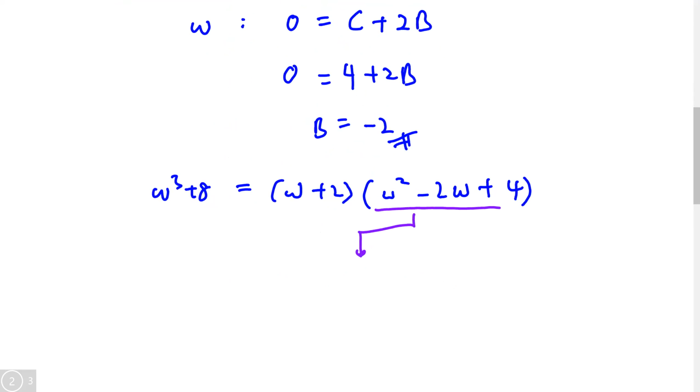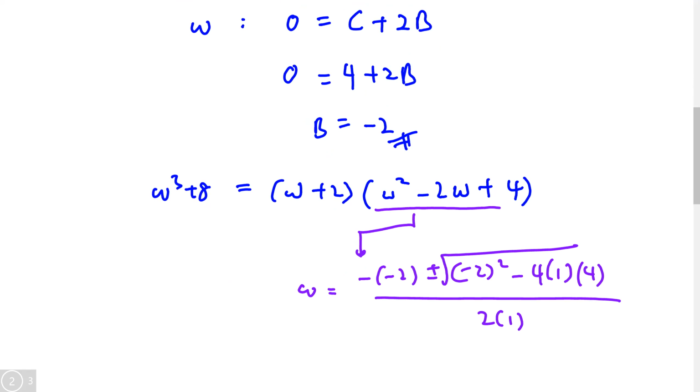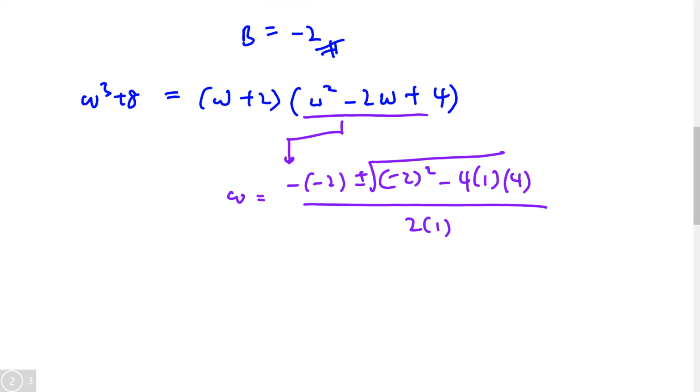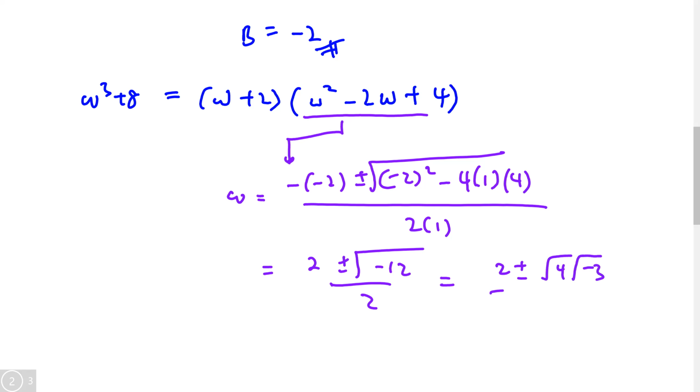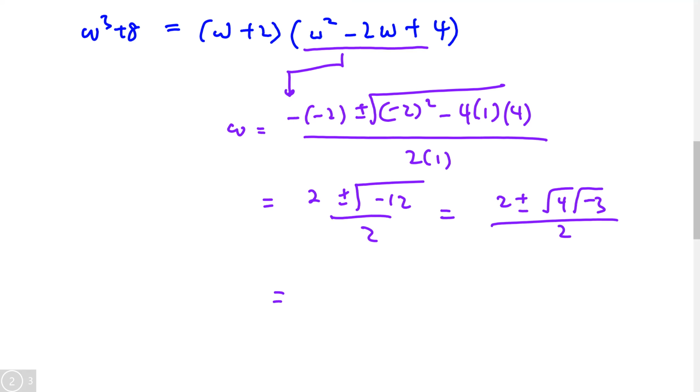So w equals -b plus minus root of b squared minus 4ac over 2a. Key in the calculator, you should be able to get your answer here. Inside the root would be -12. You can simplify it, 4 times 3. So this will give you 1 plus minus root 3i.